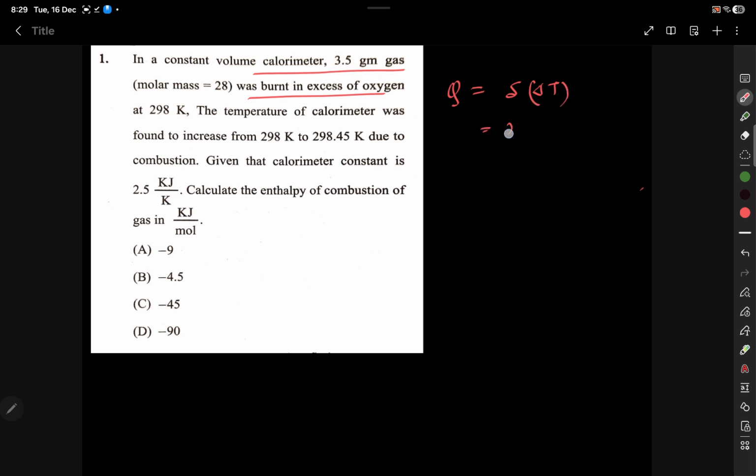So S is how much? 2.5. Delta T is 0.45. So the total value coming is 9 by 8. Now this energy is released from the burning of this gas, and you need to find out the enthalpy per mole. You just apply Q is equal to the number of moles times the enthalpy.